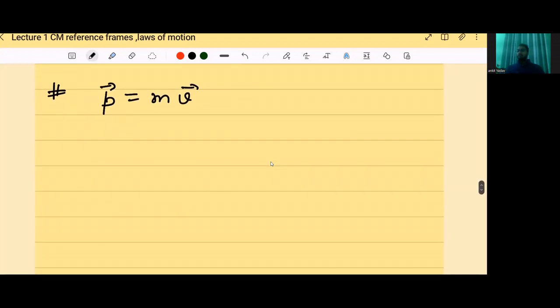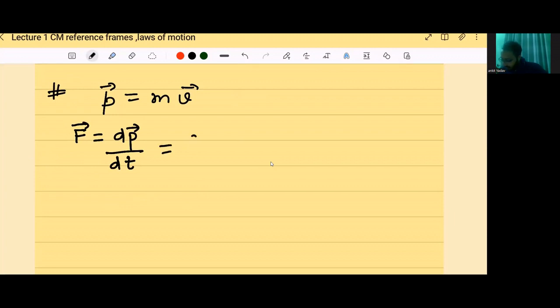Now, Newton's first law of motion is a special case of the second law. How? We have already defined momentum. Momentum is mass into velocity, and we have defined the second law as F is equal to dp by dt.